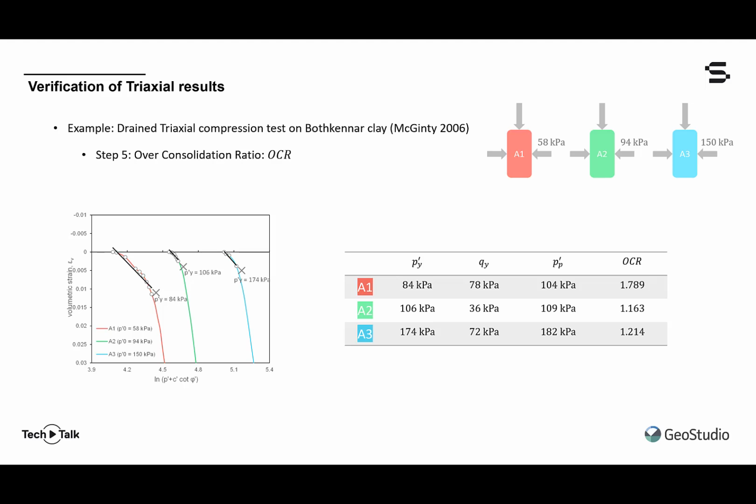According to these yield pressures, 3 deviatoric yield stresses are calculated from the 3-to-1 stress path, and the isotropic preconsolidation pressures for each sample can then be calculated from the yield function as 104, 109, and 182 kilopascals respectively. This then, writing p′_p over p′_y, gives us our isotropic overconsolidation ratio, which you can see here for each unique sample was 1.8, 1.2, and 1.2.